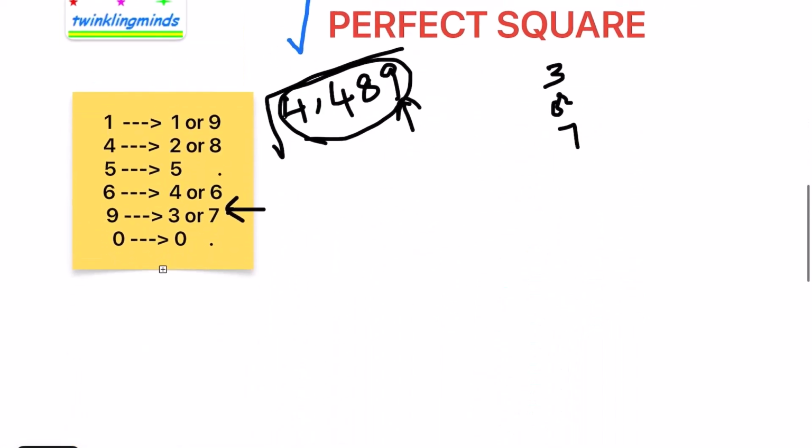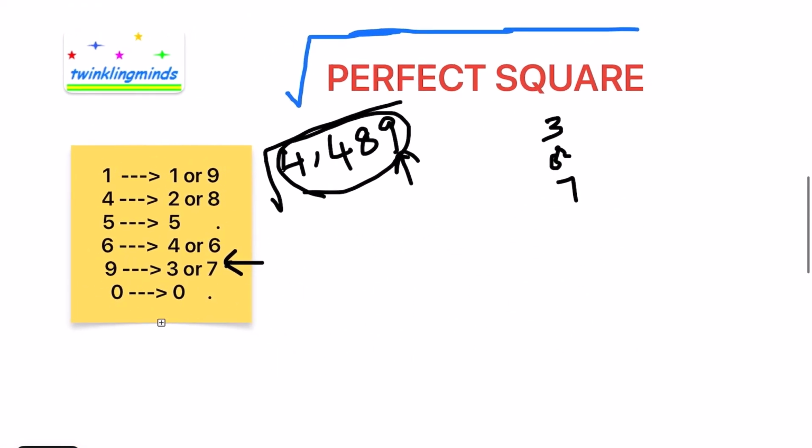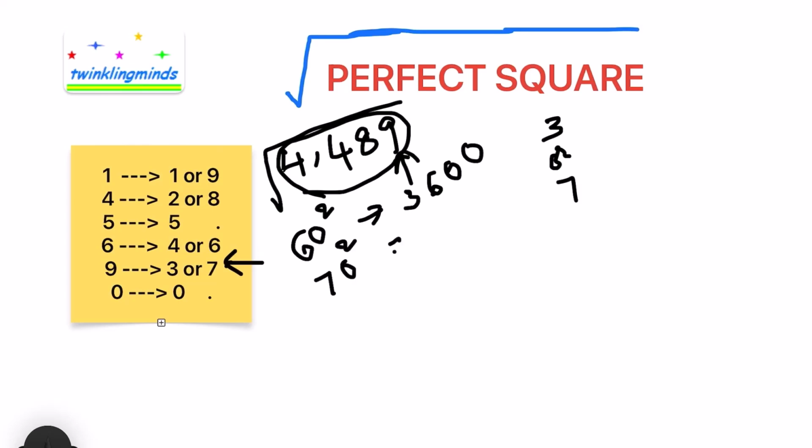So 60 square, which is 3,600, and 70 square, which is 4,900.